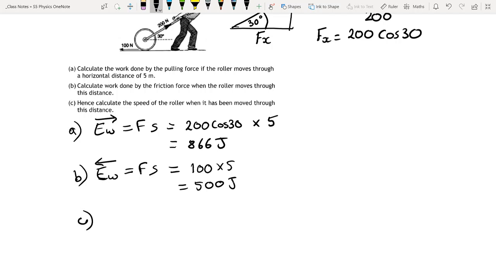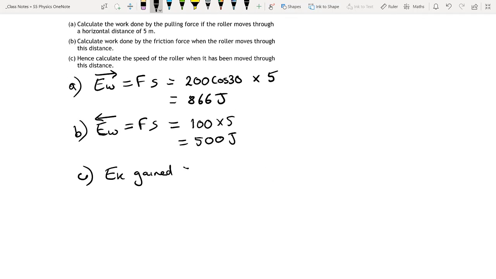So the energy that then goes towards kinetic energy is going to be the pulling energy take away the energy against friction. So the kinetic energy gained is the work done by the pulling force take away the work done against friction.